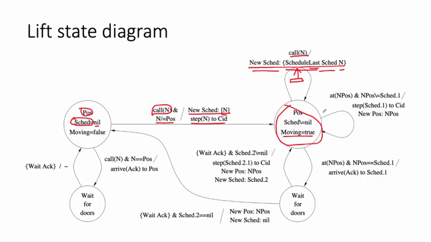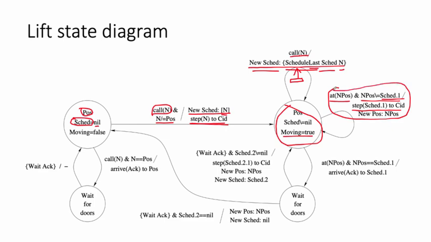Okay? And now different things can happen. I have sent a step to the controller. I will get an at message. If I'm at a floor and the floor is not the first element of schedule, a schedule is a list, it's not schedule.1, then I keep moving. So this is like a while loop, you see?